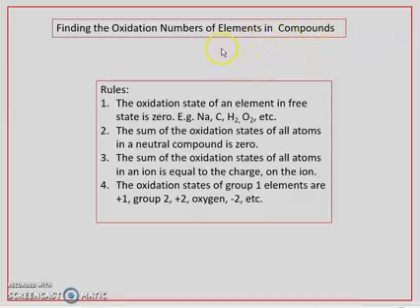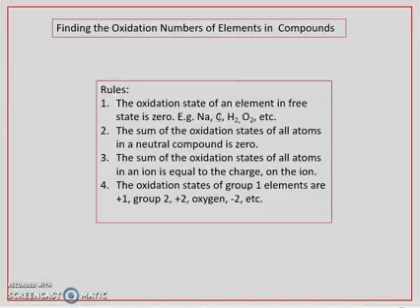In finding the oxidation numbers of elements in a compound, there are points you should note. Rule 1: the oxidation state of an element in the free state is 0. For instance, neutral sodium has no charge, so the oxidation number is 0.